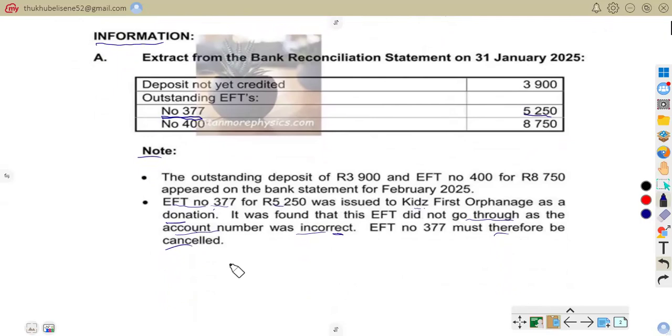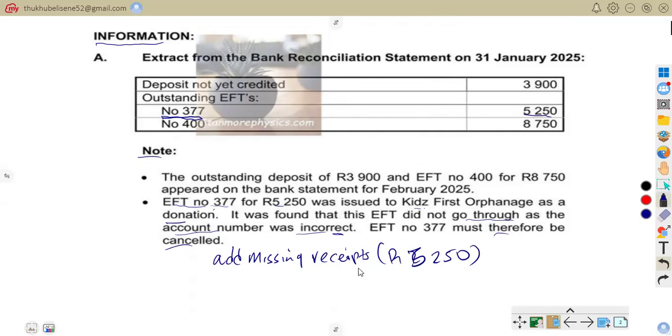So we are going to add missing receipts of how much? Of 5,250. This was from the bank statement.